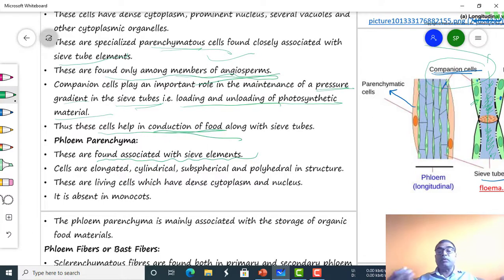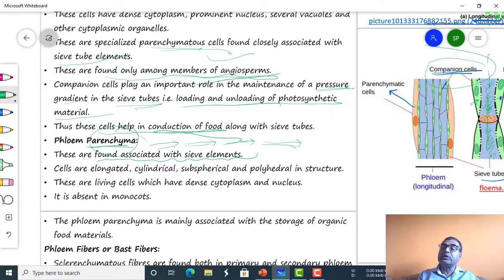Whatever food material is synthesized and prepared in the leaves is first of all stored in the parenchyma, the mesophyll tissue. Later on, from the mesophyll tissue, the spongy tissue or maybe the palisade tissue, this material passes towards the parenchyma. From parenchyma, it moves to the companion cell.